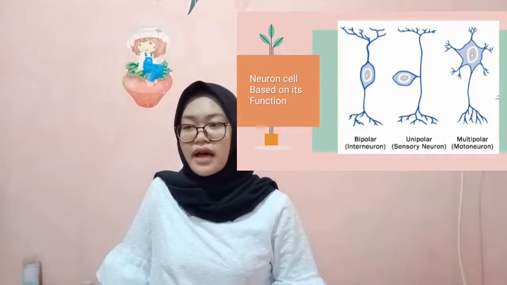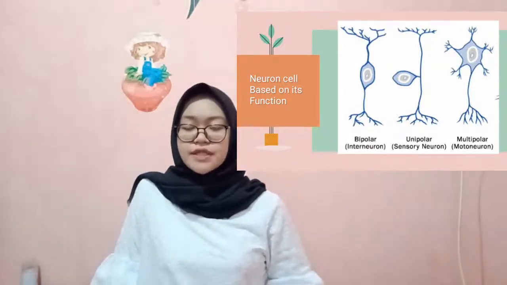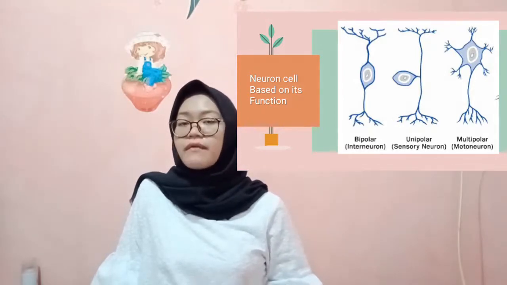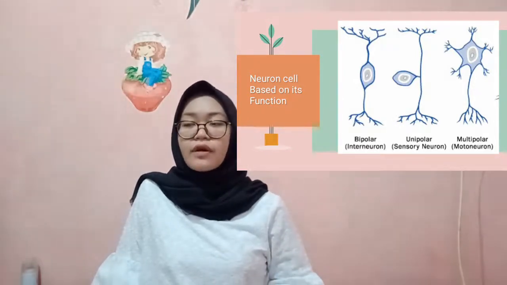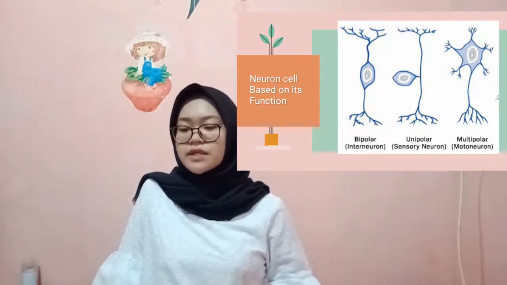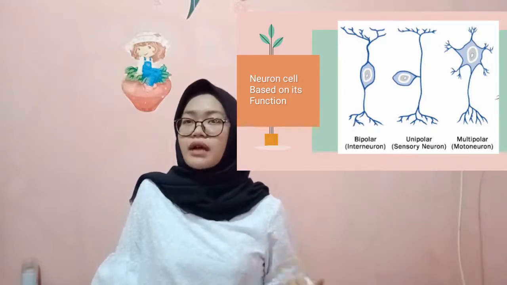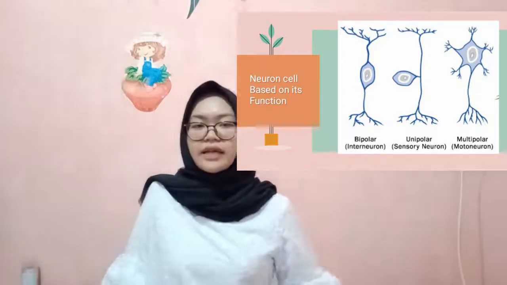So, understand? Okay. While the interneuron has the function of receiving the stimuli from the sensory neuron or the intermediate neuron, and also has short dendrites and long or short axons.